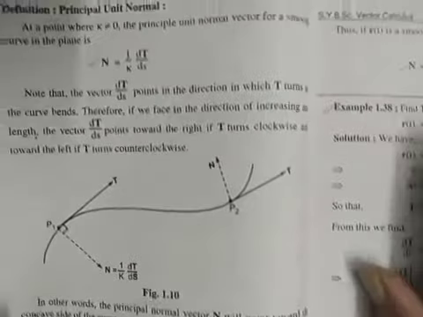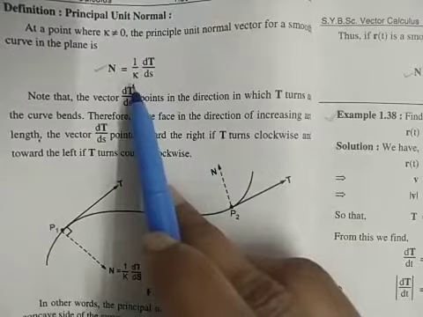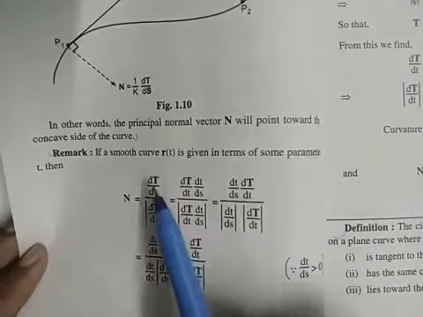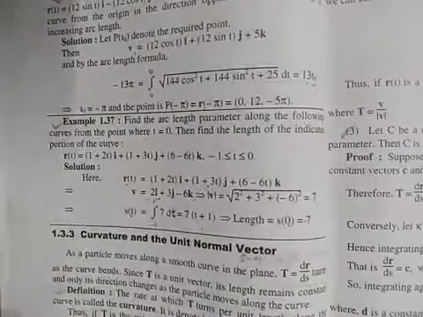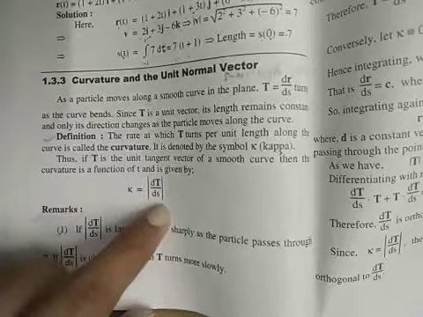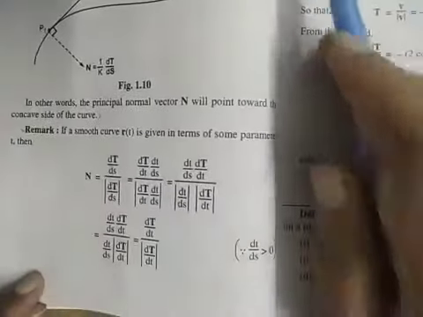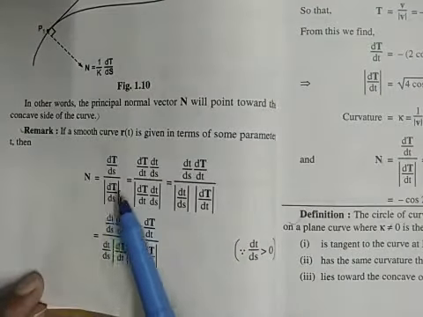Because here we have written the formula: capital N is dT by ds upon curvature. We know the formula for curvature, kappa, that is mod of dT by ds. So using this formula, dT by ds upon kappa, we get dT by ds upon modulus of dT by ds.